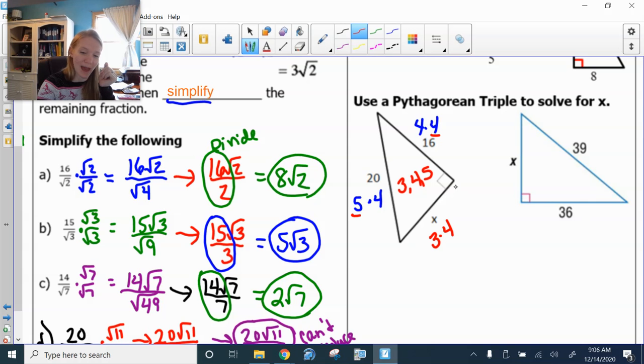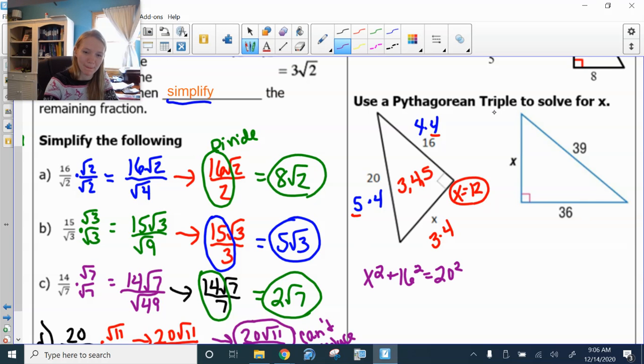It's a shortcut. Do I have to do that? No. I could just do Pythagorean theorem. a squared plus b squared equals c squared. I could do x squared plus 16 squared equals 20 squared.